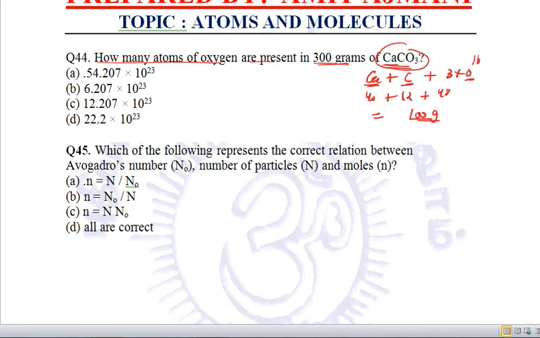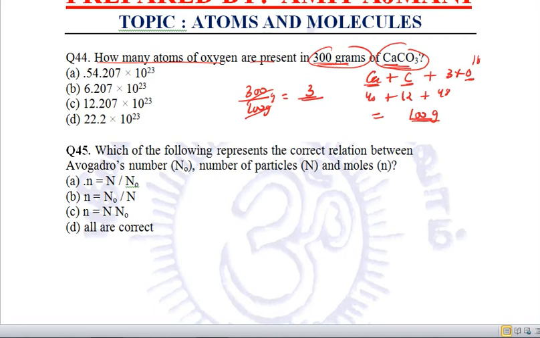Now, how many moles of calcium carbonate are there? That is mass given in the question, 300, divided by gram molecular mass, which comes out to be 3 moles. Now, we will calculate the number of molecules of calcium carbonate.